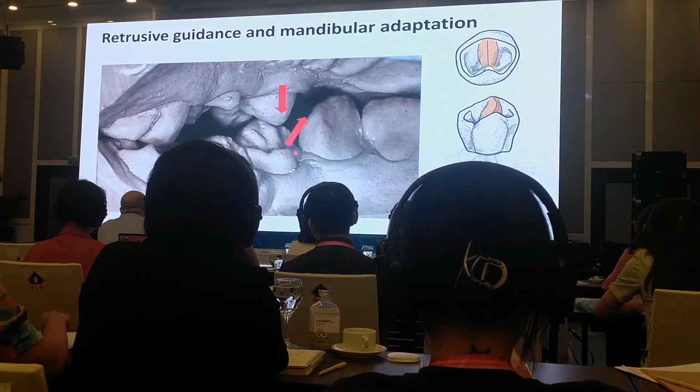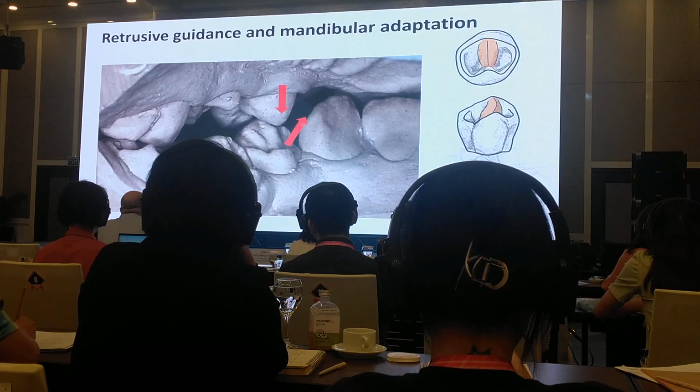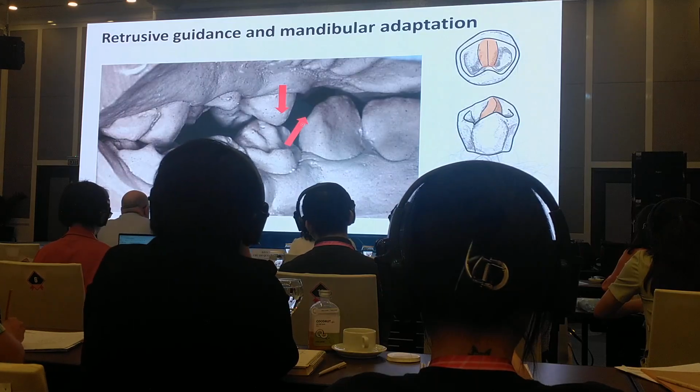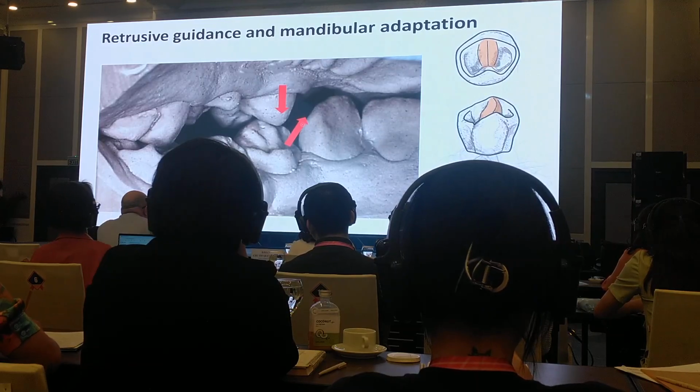This is a really, very important step of the occlusion development. This is one of the big reasons I don't like to remove premolars.